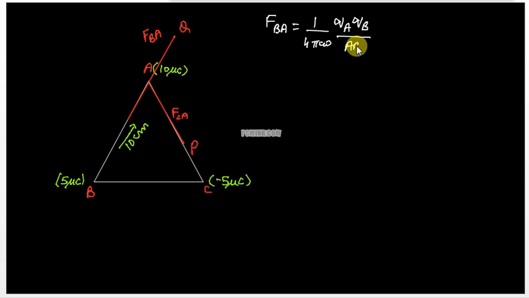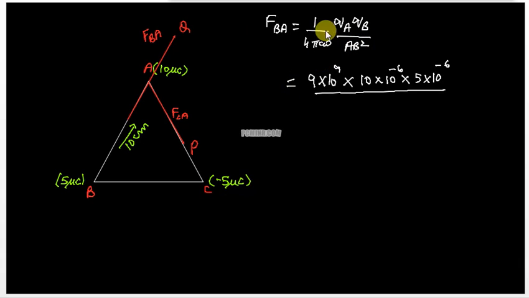So we just substitute the values and we get FBA as, 1 upon 4 pi epsilon naught is 9 into 10 to the power 9, times the charge at A, that's QA, is 10 microcoulomb, so it's 10 into 10 to the power minus 6, into 5 times 10 to the power minus 6 as 5 microcoulombs, and upon 10 centimeter is 0.1 meter, so 0.1 square. And when you solve this, you would get a 45 Newton of repulsive force, right?